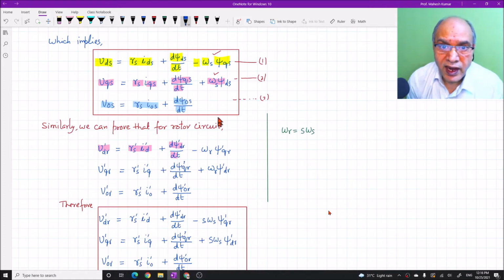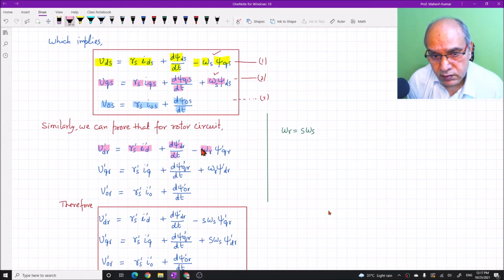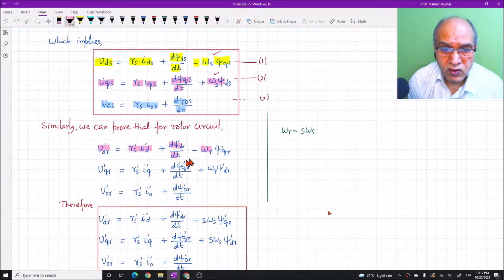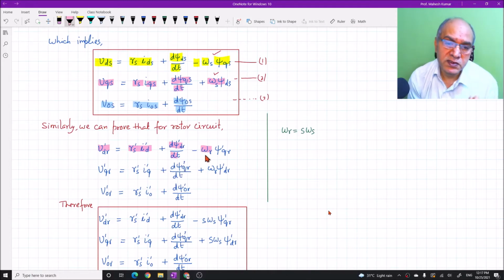And omega s becomes omega r, because it is the rotor circuit, so its relative speed is omega r.